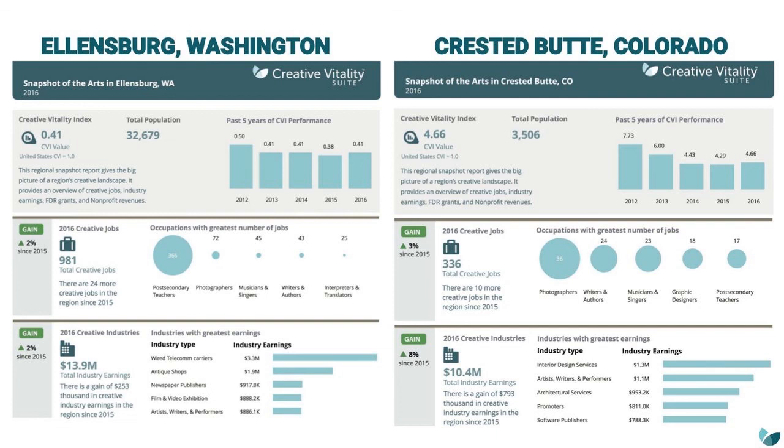And this allowed them to make a case for the establishment of a percent for art in their community because people were so surprised by how strong their creative economy was. They really had no idea of its impact, let alone really how fully integrated it was into their community. So rather than giving them 1% for art, they actually ended up with 10% for art.